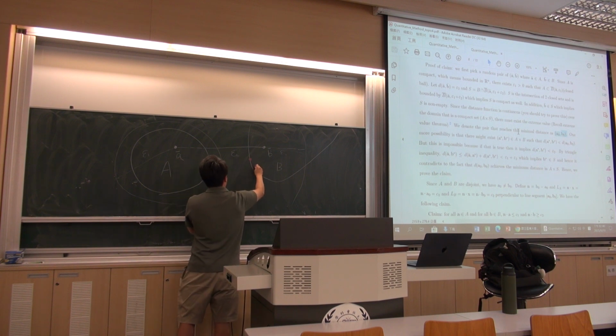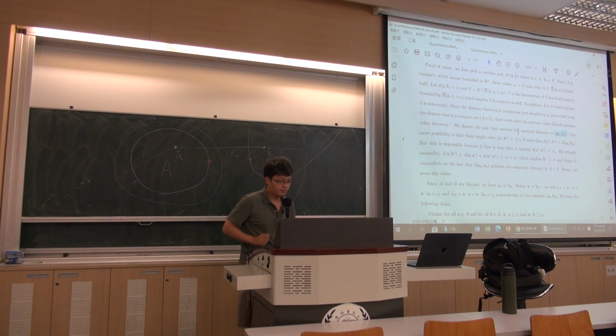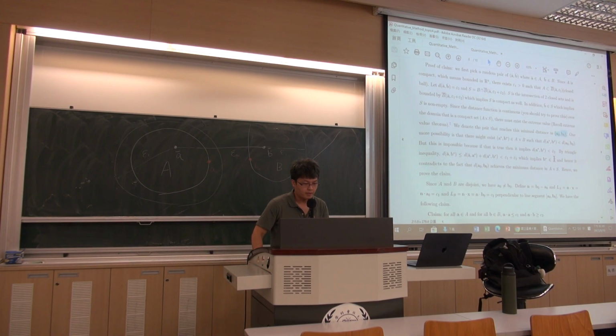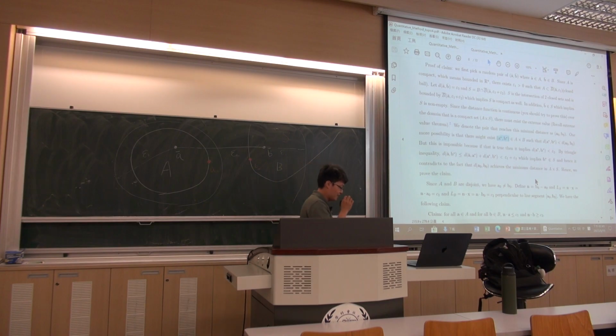You may wonder whether that is really true, maybe there exists another pair, A star, B star, somewhere in the sets that has an even smaller distance.